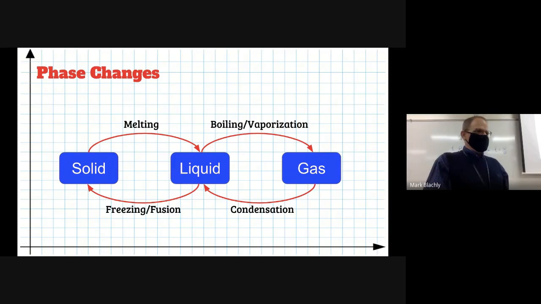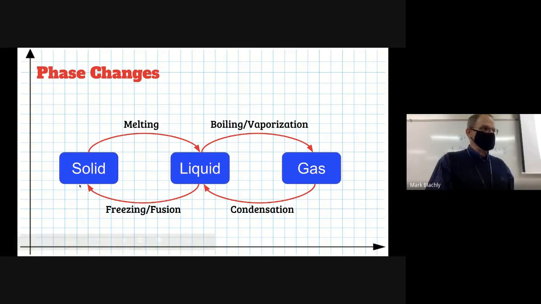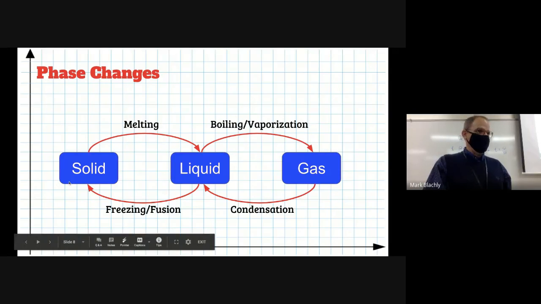So think about ice. Ice is the solid form of water. When it turns into a liquid, we say it melts. If you go the other way, from a liquid to a solid, we say that it is freezing. Or, more generally, we say that is the fusion process. So fusion and freezing are the same thing. It's going from a liquid to a solid.